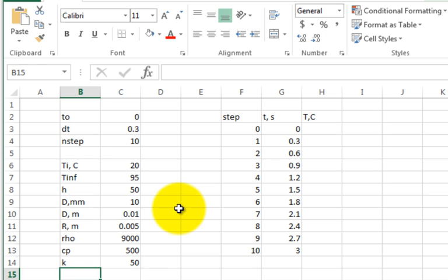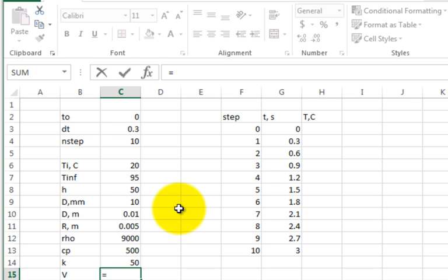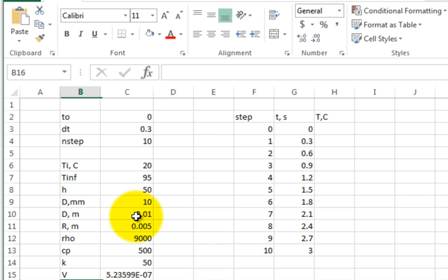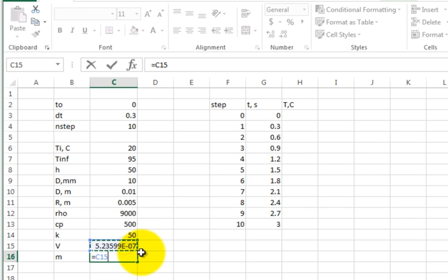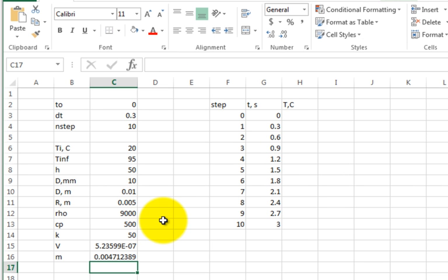So I can calculate the volume of my sphere. Hey, what was that formula? 4/3 times pi times r cubed. There you go. I can get the mass of the sphere, which is the product of the volume times the density, rho. I can get the area of the sphere because I needed that one.